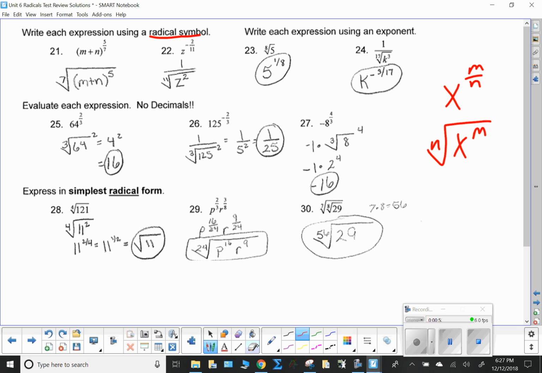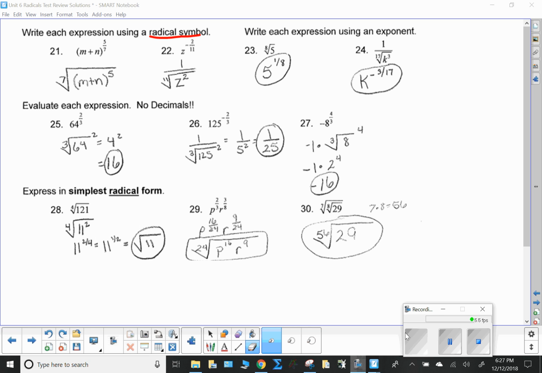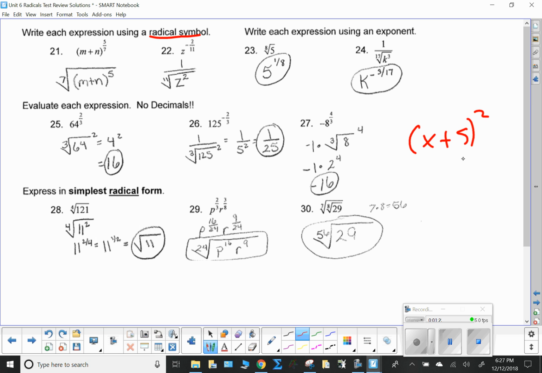Now, in this case, we have a binomial. You don't need to multiply it out to the fifth power, and you cannot ever just distribute a power over terms that are being added or subtracted. Remember, when you had x plus 5 quantity squared, it was not x squared plus 25.